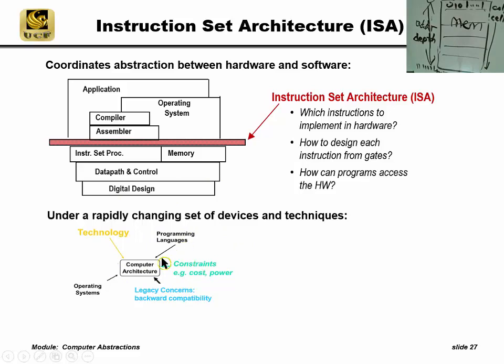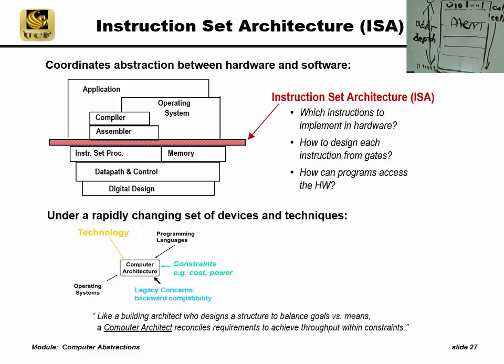But programming languages may influence which computer architecture choice you want to have, the technology that's available, which operating system you're using, legacy concerns. You want to be backwards compatible with other devices that you already have built or you're going to buy from other vendors, or software. Sometimes it's cheaper to maintain compatibility just because of the investment in the software that you have.